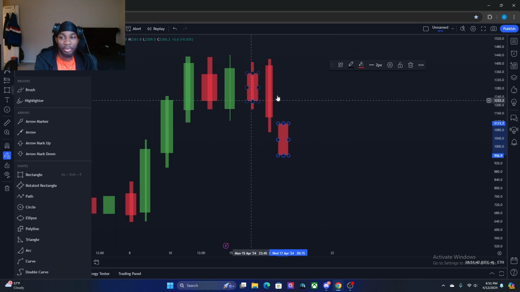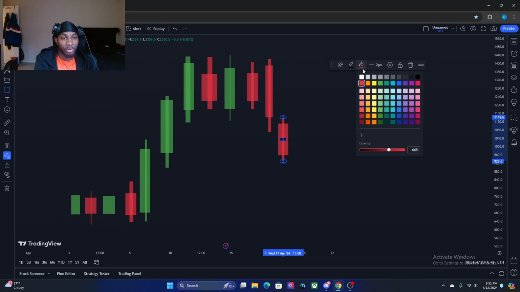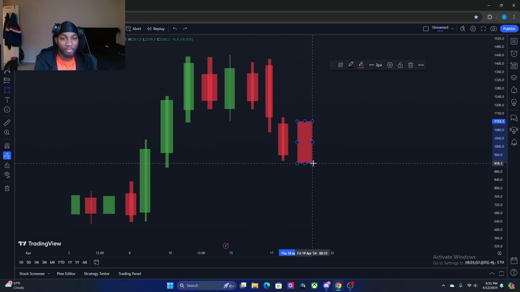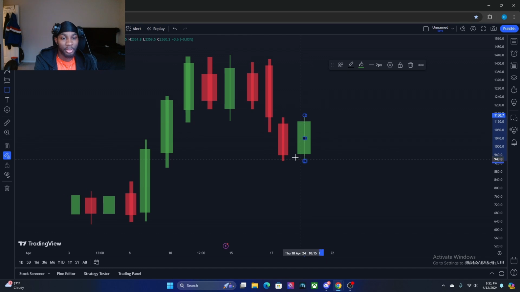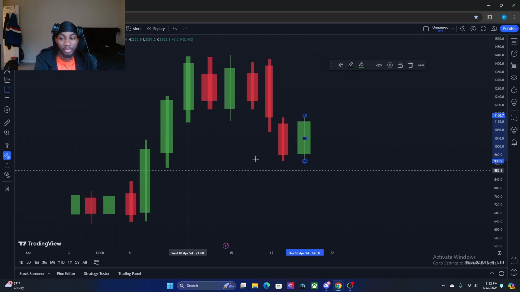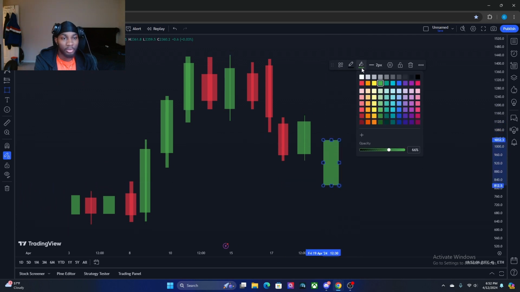Have a red candlestick. And then we'll throw another green one right here, a little wick. Then back to red. We come down.